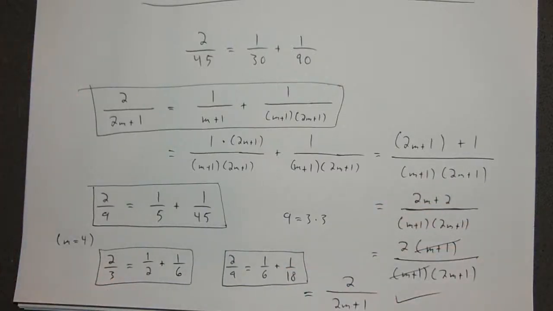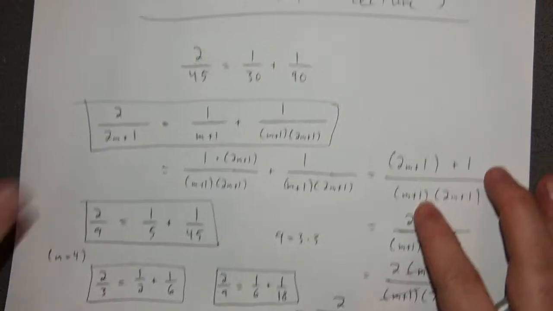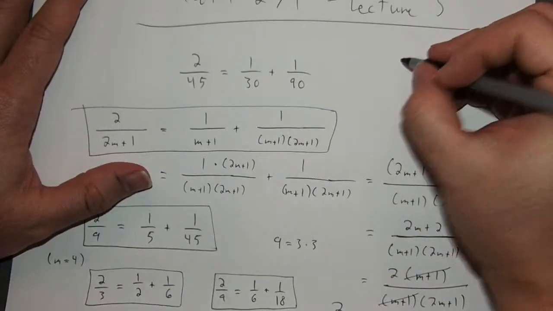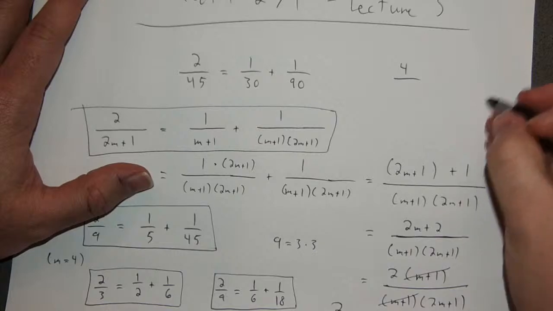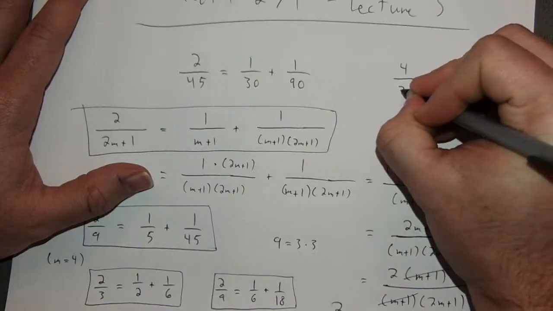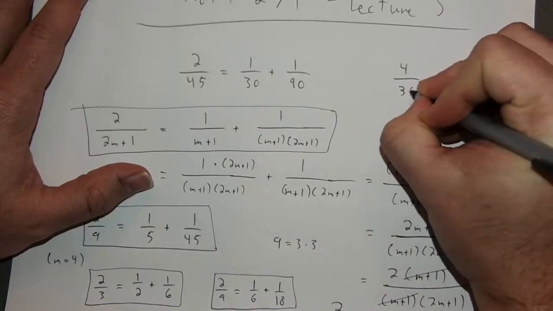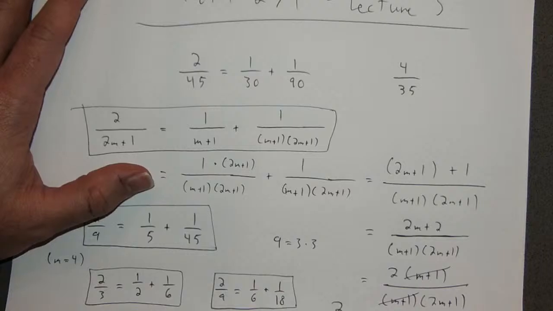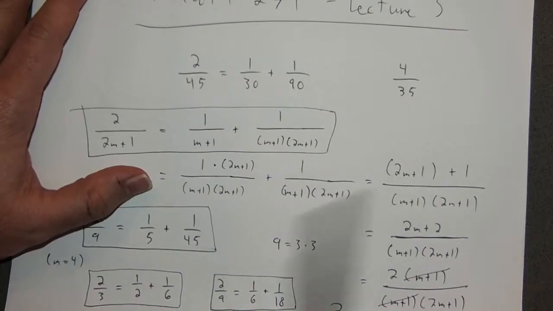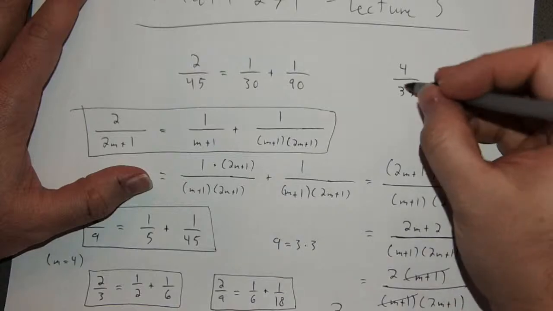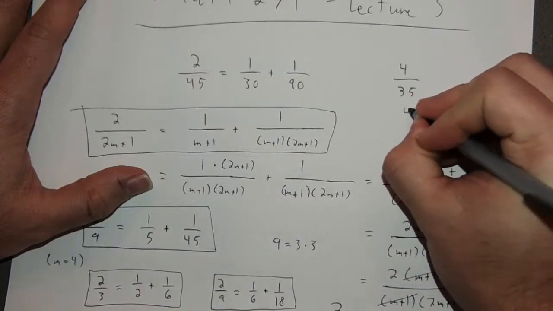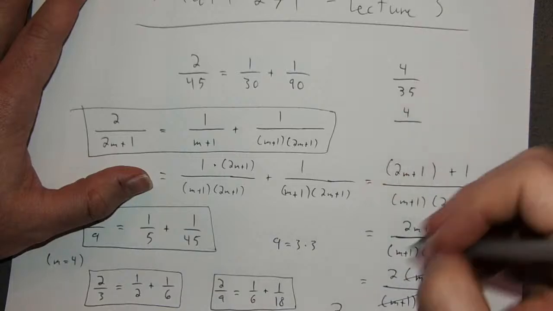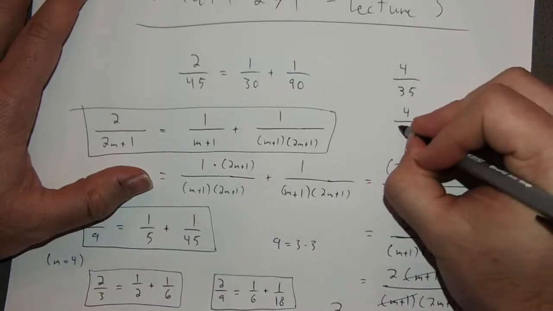Okay. So similarly, if I knew a decomposition for, say, 4 over 35, then would I also know a decomposition for, say, 4 over 105?